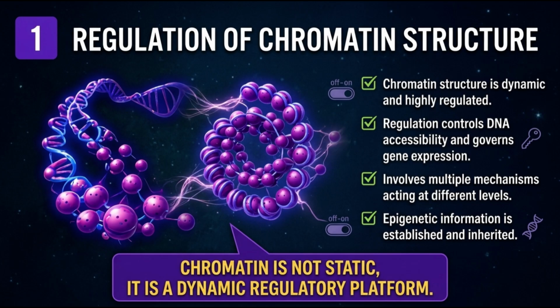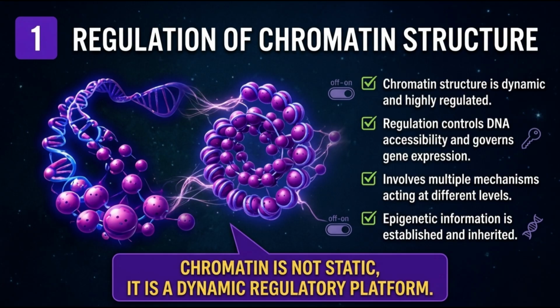Today we will discuss an important topic of molecular biology and epigenetics, regulation of chromatin structure. Chromatin is not simply a packaging material for DNA. It is a highly dynamic regulatory platform that controls gene expression, genome stability and cellular identity. In eukaryotic cells, DNA is wrapped around histone proteins to form nucleosomes, but this chromatin organization is continuously modified according to cellular requirements.